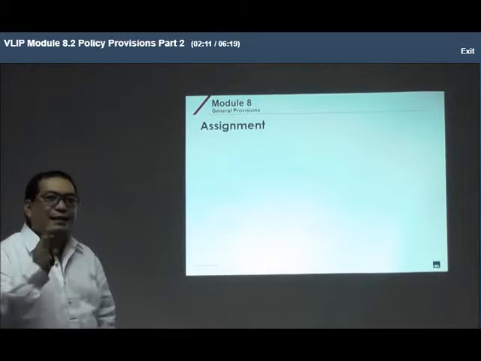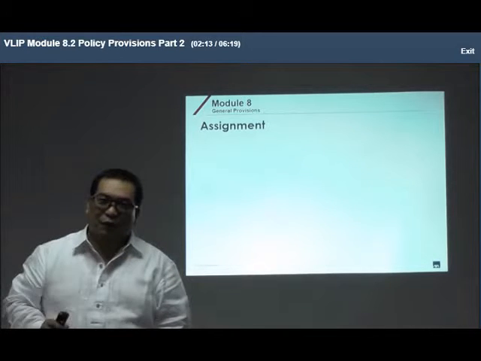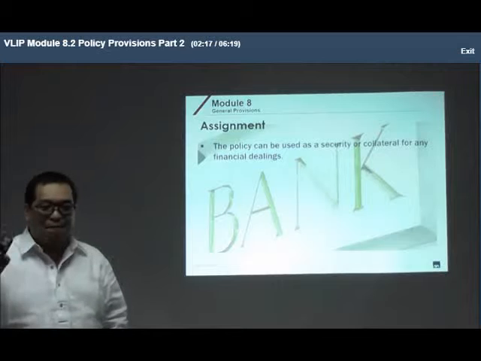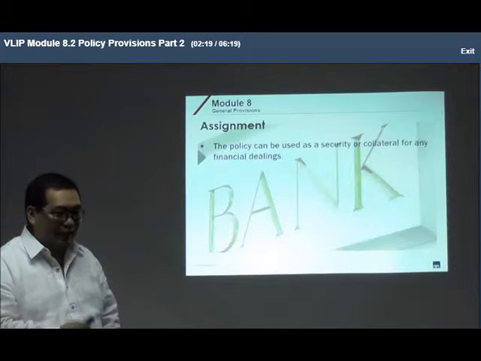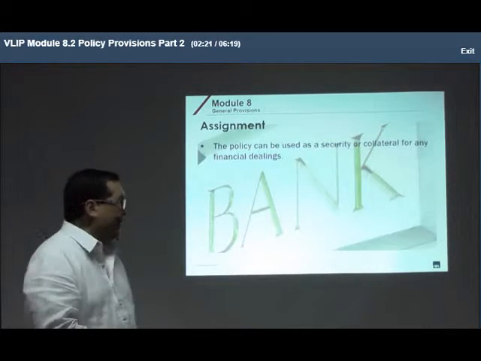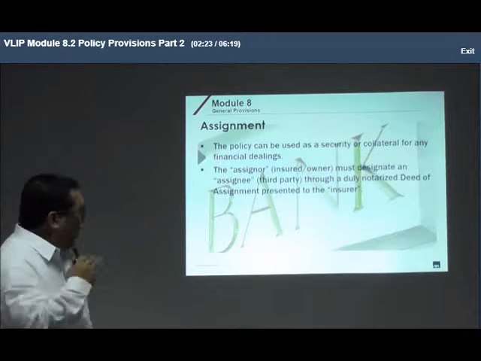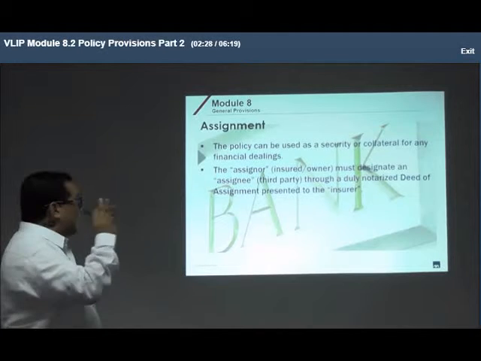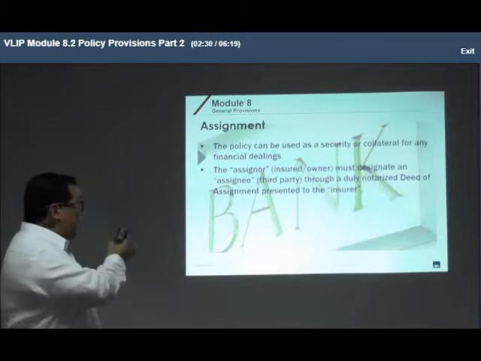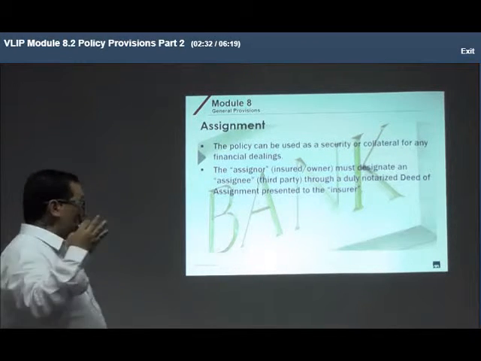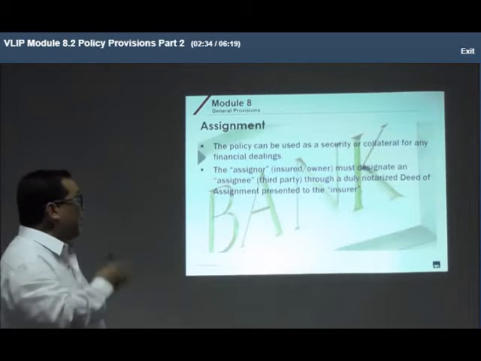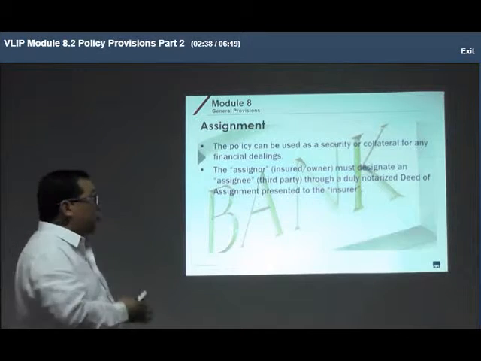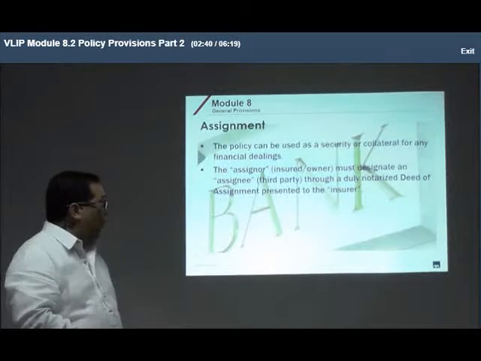Assignment. Can I assign a variable life insurance policy? Again, the answer is yes, because the policy can be used as collateral for any financial dealings. So, for the policy to take effect, the assigner, who is either the insured or the owner of the policy, must designate an assignee, usually a third party, through a duly notarized deed of assignment.